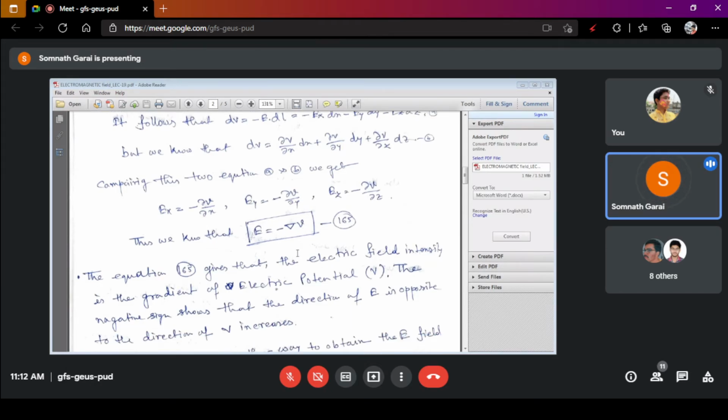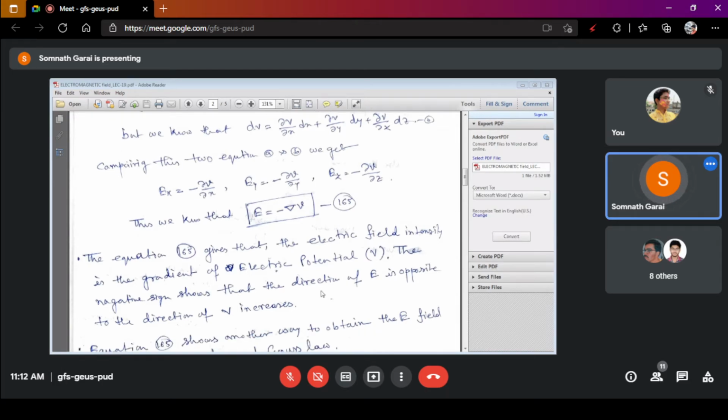So equation number 165 gives that the electrostatic field intensity E is the negative gradient of the electrostatic potential V.